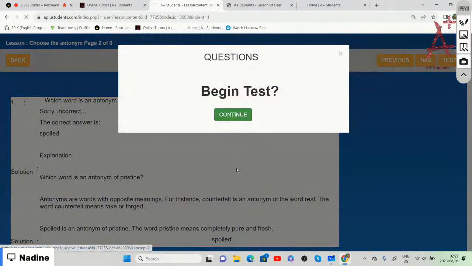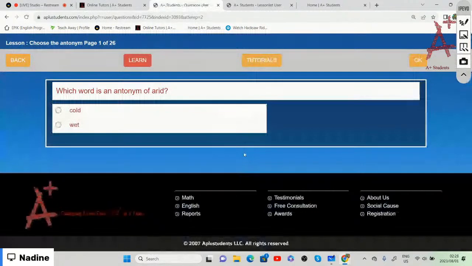Let's go to the next. This is now where we're going to be choosing antonyms. And remember, antonyms are opposites. Which word is an antonym of arid? So arid, is it cold or is it wet?